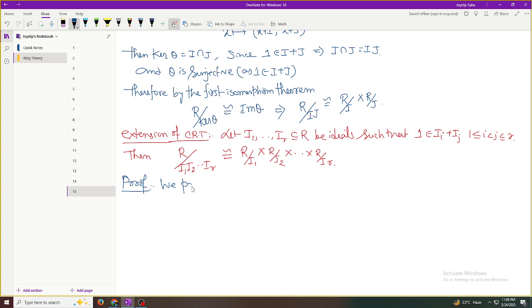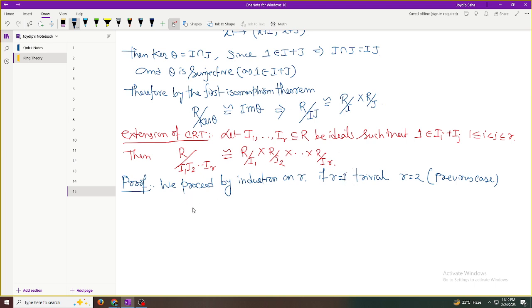We proceed by induction on R. If R equals 1 it is trivial, R equals 2 is the previous case.